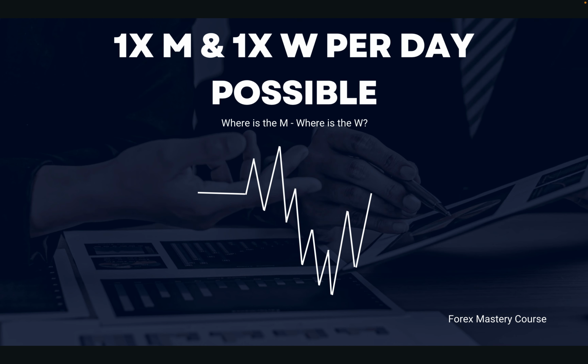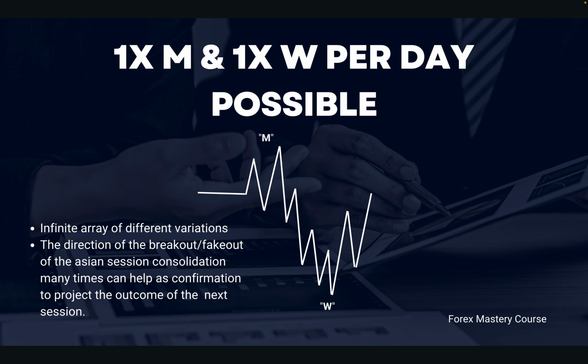So 1 M and 1 W per day is possible. It is very possible to have an M and a W every single day. Okay? Sometimes there's not a W, sometimes there's not an M, sometimes there's only an M, sometimes there's only a W. Sometimes it's just a spike and it doesn't even look like an M. Sometimes it's just a spike and it doesn't even look like a W. But we will go over this and learn how to comprehend these different patterns.